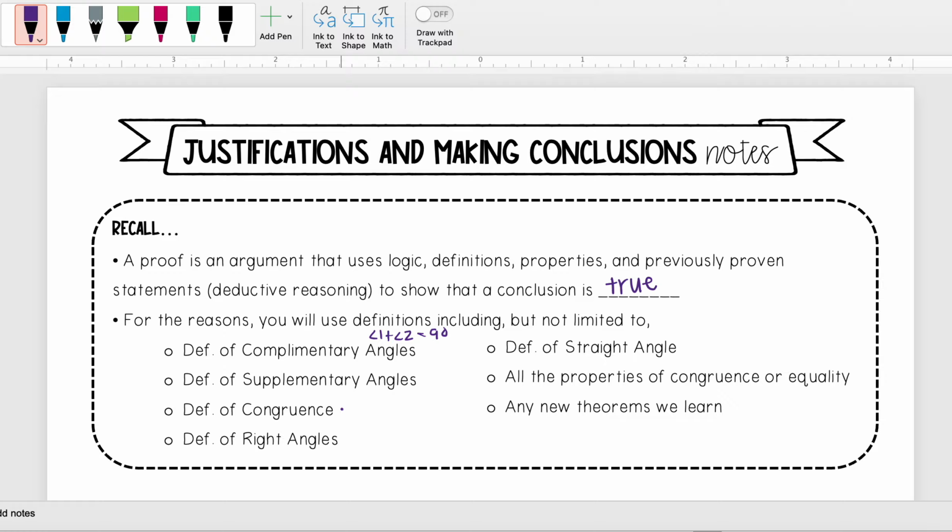Definition of congruence, that one would say if AB is congruent to BC, then AB is equal to BC. Definition of right angles, so if angle 1 is a right angle, that means that the measure of angle 1 is 90. Straight angle, that one was if an angle is a straight angle, then that angle is equal to 180, and so on.